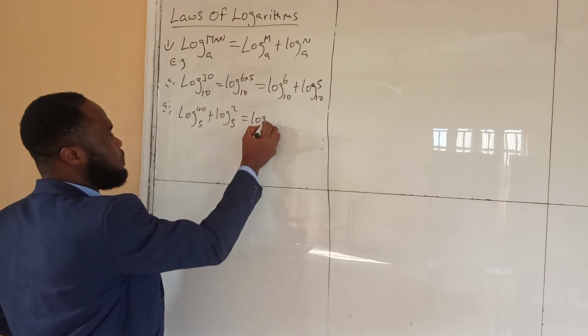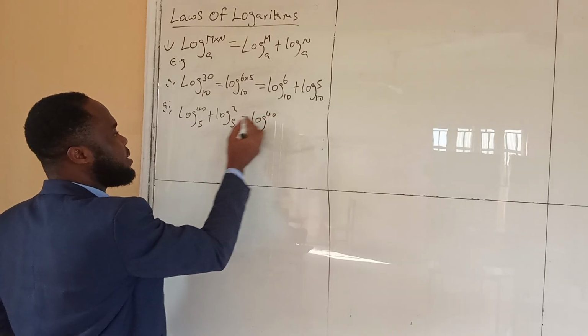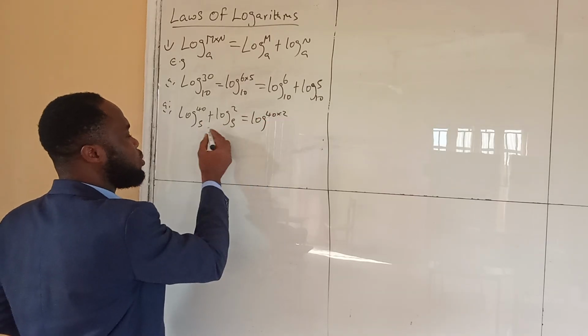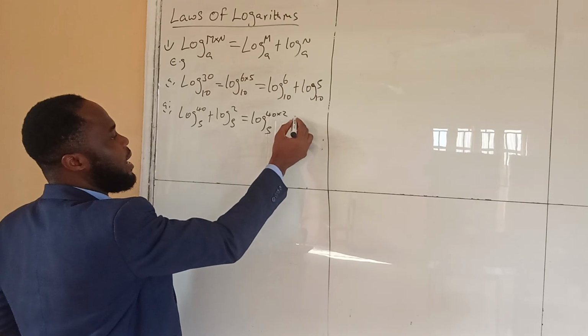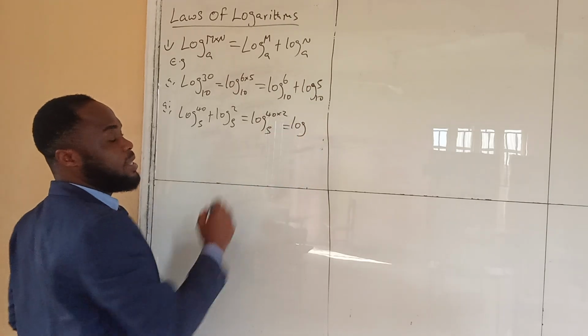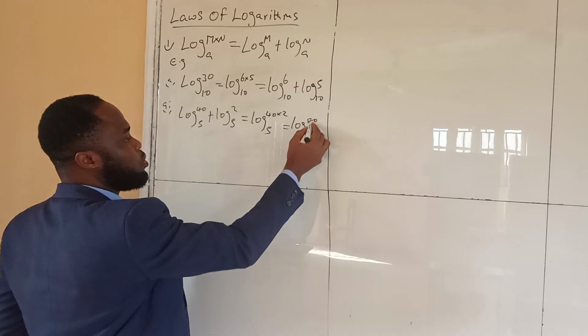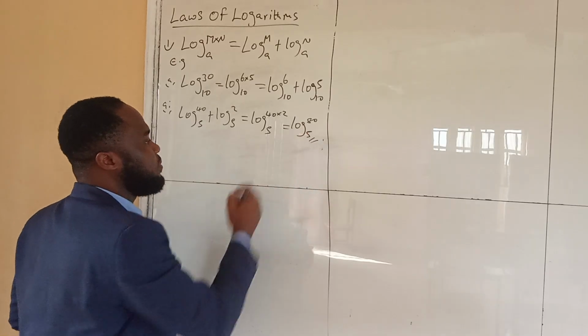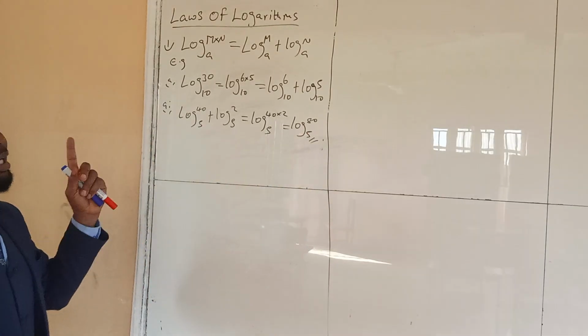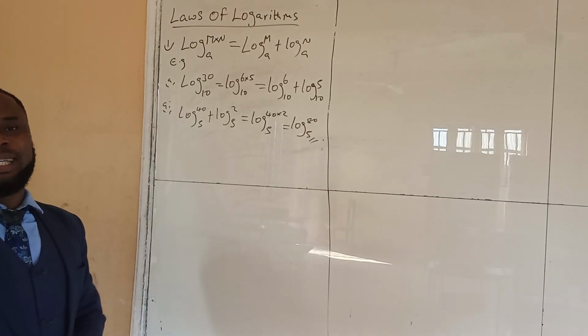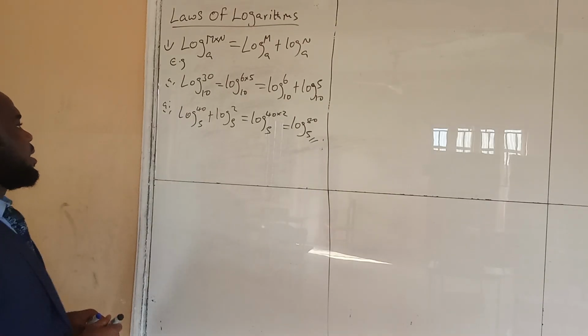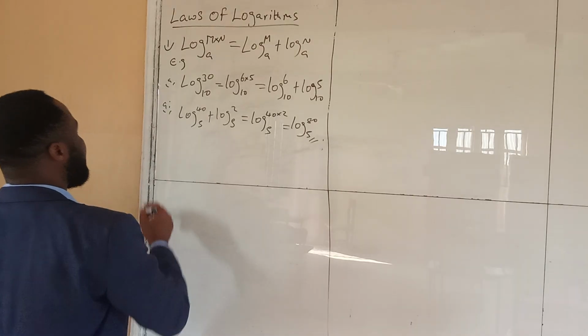So this can be 40 multiplied by 2 to their common base 5. And this equals 40 times 2, which is 80, to their common base 5. So this is the first law of logarithm.